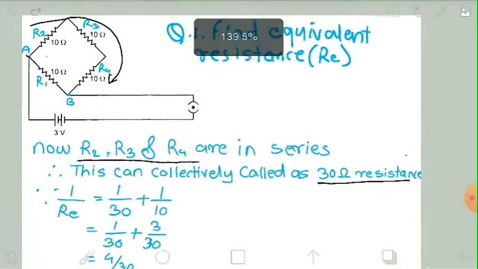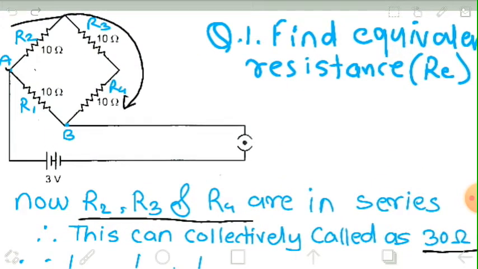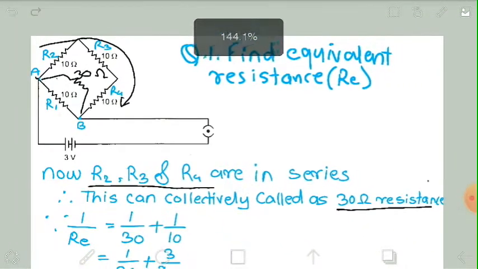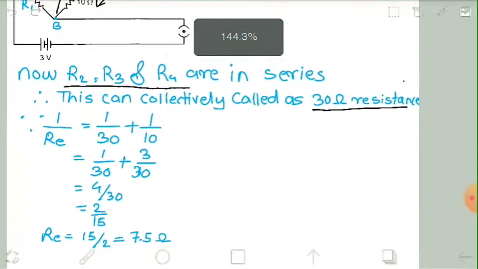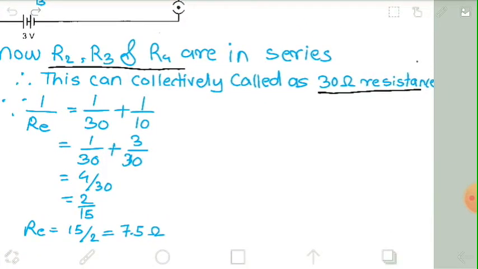Okay, so now this 30 ohm resistance, if we draw it like this, 30 ohm. So this 30 ohm resistance is parallel with the 10 ohm resistance, so in calculation we will write 1 by Re equals 1 by 30 plus 1 by 10.